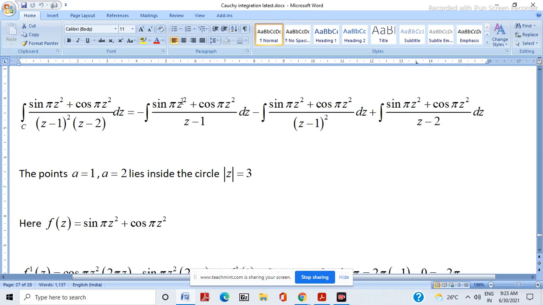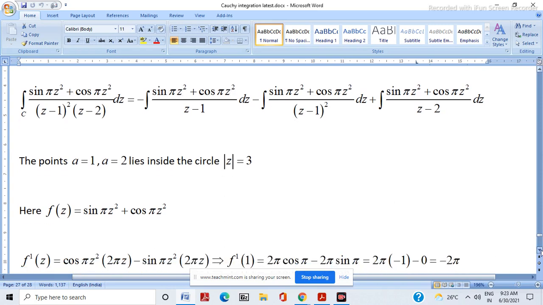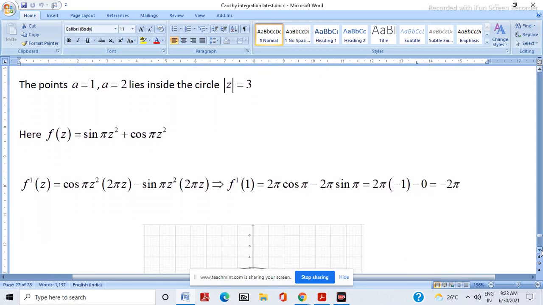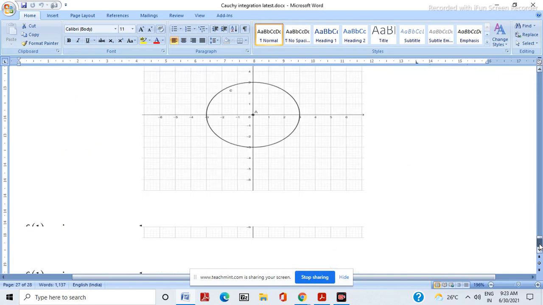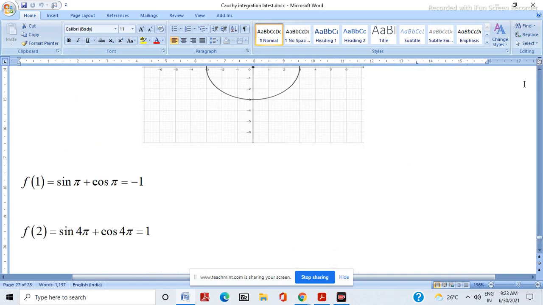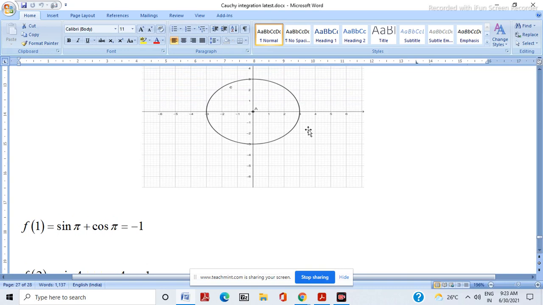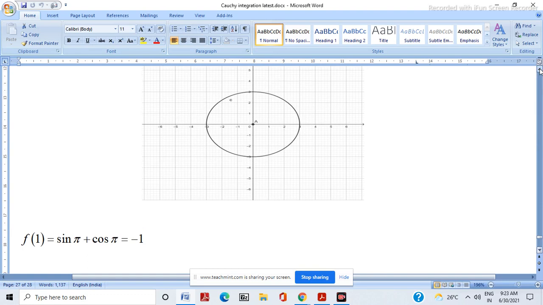What is our f of z here? Sin pi z square plus cos pi z square. Without drawing, you can understand that the points will be inside. If you want, you can draw the diagram and see whether points are inside or outside, but here we can clearly understand that it is interior to C.